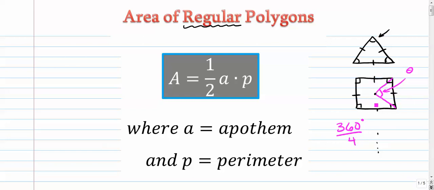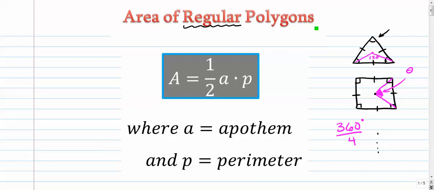So to find the measure of the central angle of a square, all you do is take 360 over 4, which is 90. To find the measure of the central angle of a regular triangle, it's 360 over 3, which is 120. And it goes on like that forever.